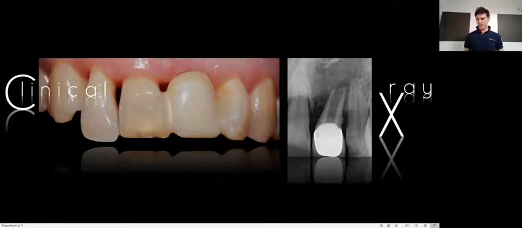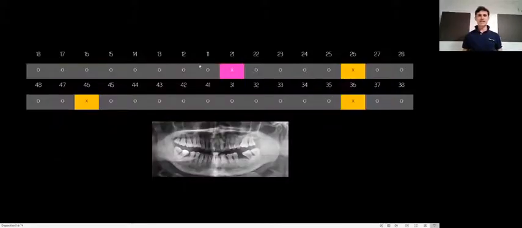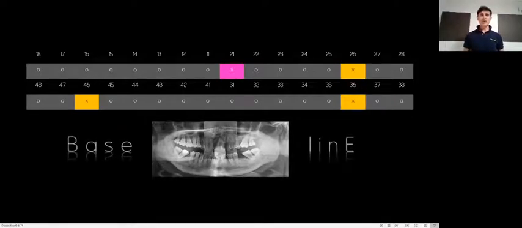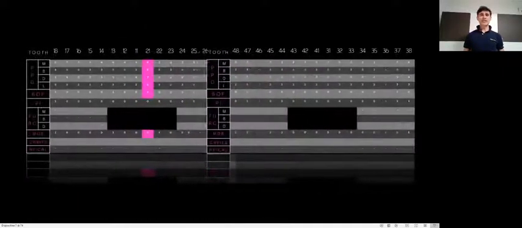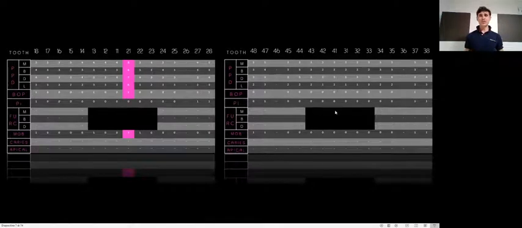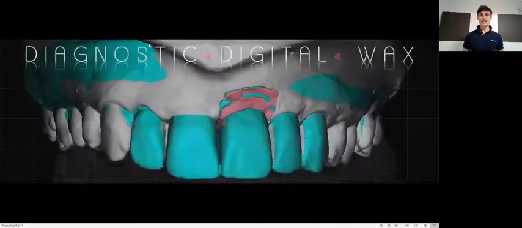The X-ray shows us that this central incisor probably is hopeless, and the dental formula of the other teeth is quite good, and also the probing and the periodontal indexes are stable for the rest of the mouth, except for the left central incisor.